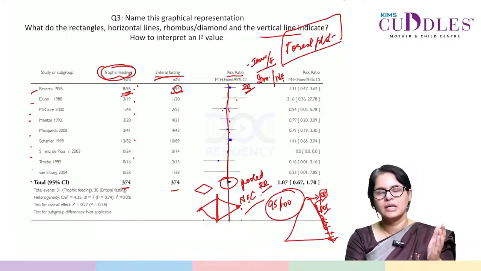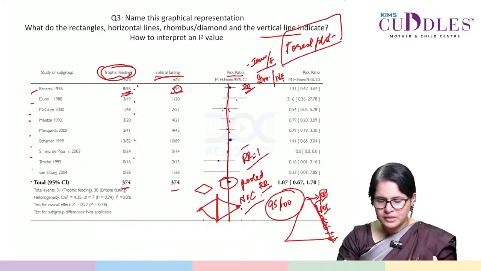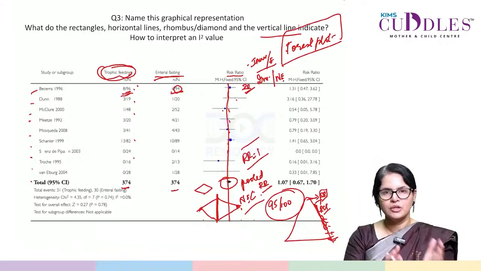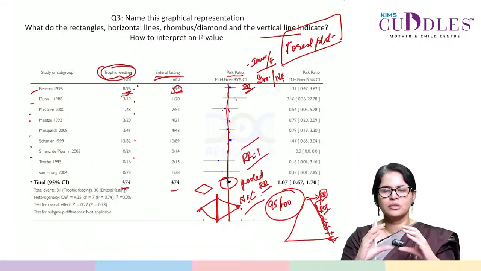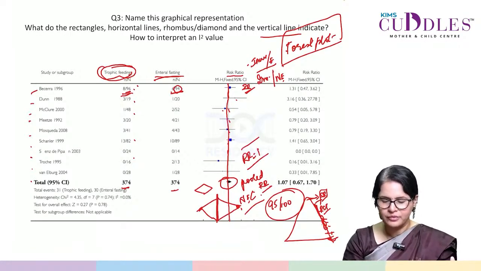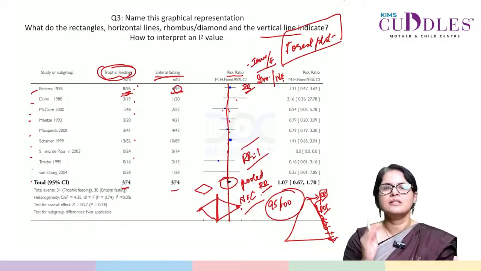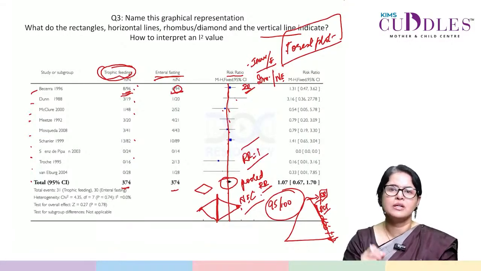This represents a relative risk of 1, which means there is no difference between the intervention group and the control group. If the diamond lies completely to one side of this line of null effect, then the meta-analysis found a statistically significant effect of the intervention on the outcome.